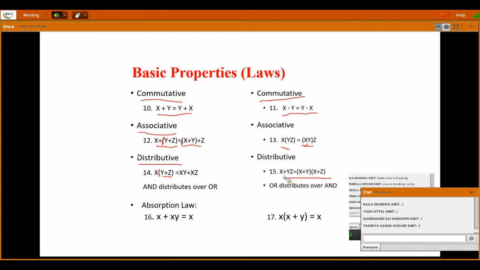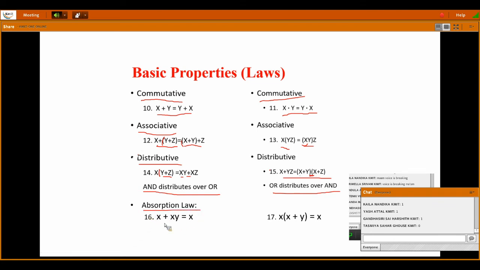But here x plus yz is taken, and if you multiply this, you need to take out the brackets with respect to the OR operation. Here AND distributes over OR, but in this case OR distributes over AND.